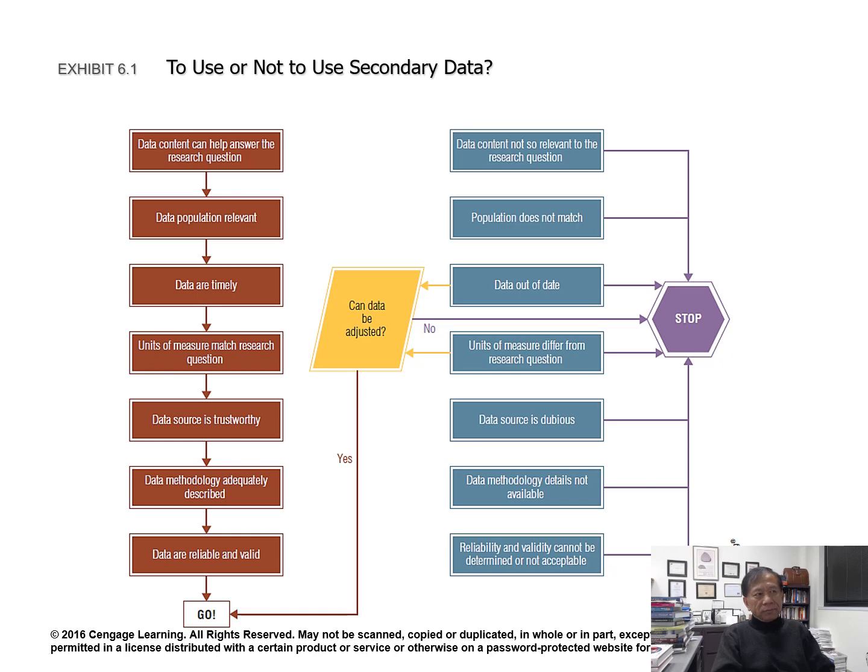If not, you don't. If the unit of measure differs from the research question, can it be adjusted? If yes, you might still be able to use it. If not, no. If the data source is dubious, you can't use it. If data methodology details are not available, and you don't know how they collected it, you can't use it. And if reliability and validity cannot be determined or are not acceptable, then you cannot use it. You stop here.